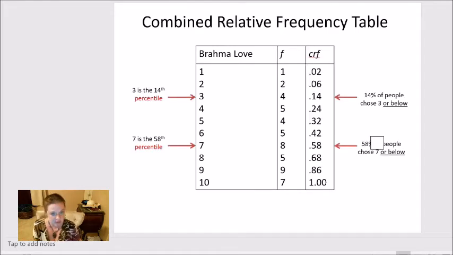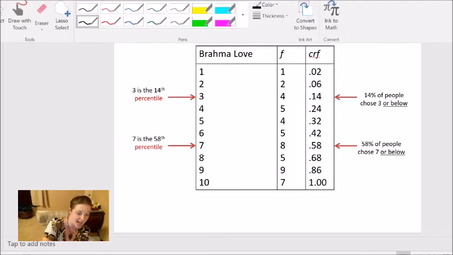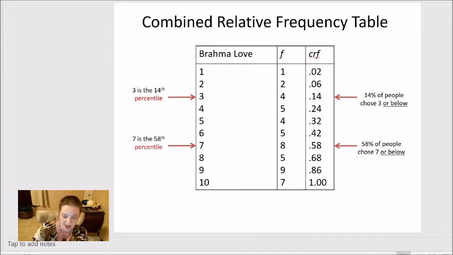The last kind of frequency table I want to share with you is called a combined relative frequency table. Instead of keeping a running total of the actual number of people in the last column, like the cumulative frequency table does, in this last column you keep track of the proportion or probability at that particular score.